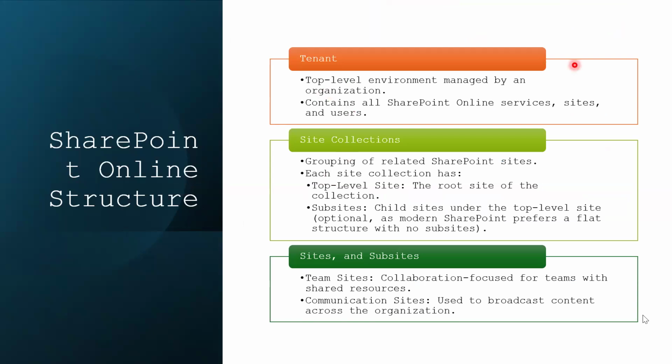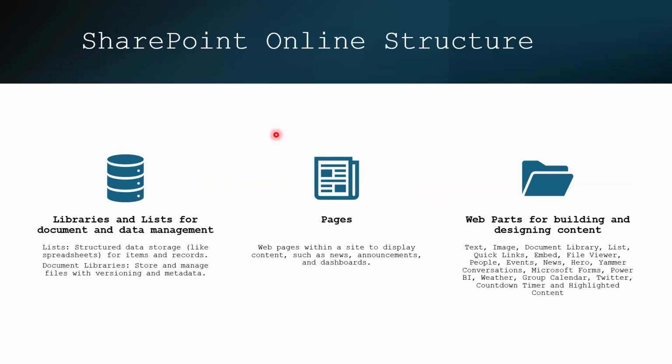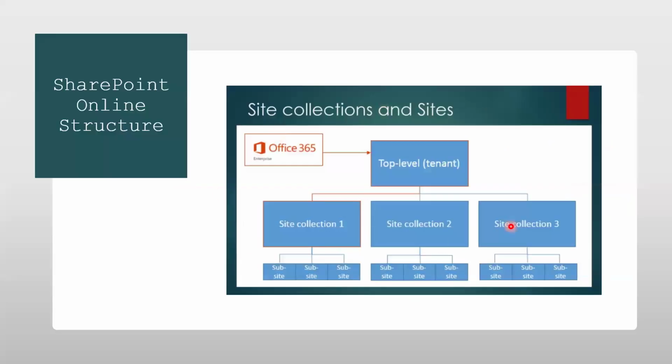So SharePoint structure, right? How does the SharePoint Online structure look? Let me display the picture first. At the top, we have Office 365, also called the top level tenant.